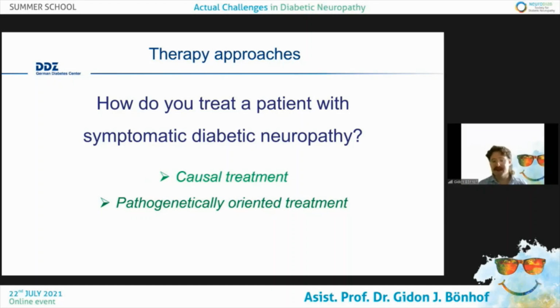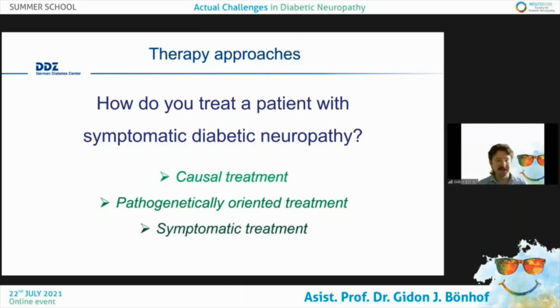Pathogenetically oriented treatment means that we use the suggested pathways for new treatment strategies. So I will tell you about some substances for this kind of treatment.